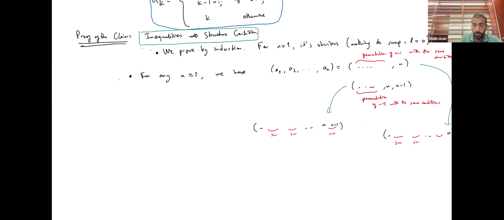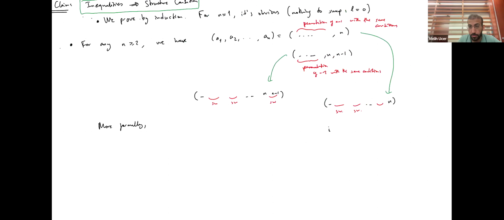So to write it more formally, I1, I2, ..., IL exist by induction, and we use the same for n.